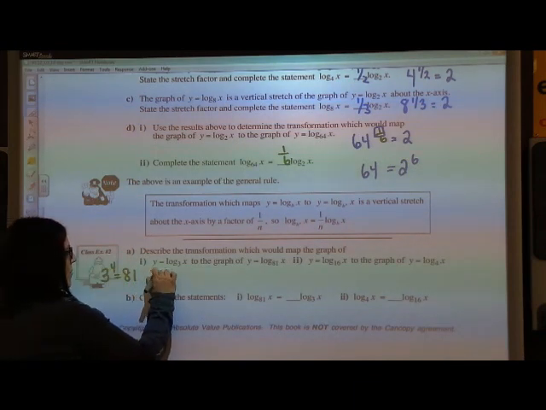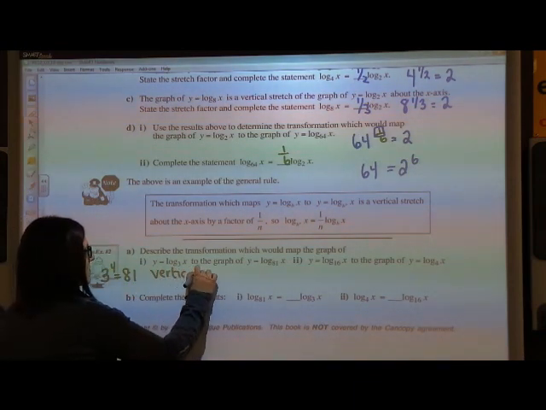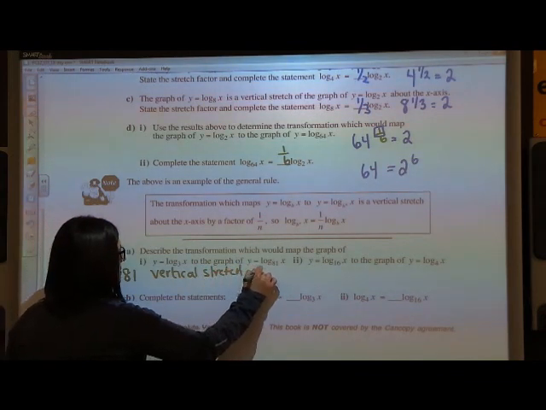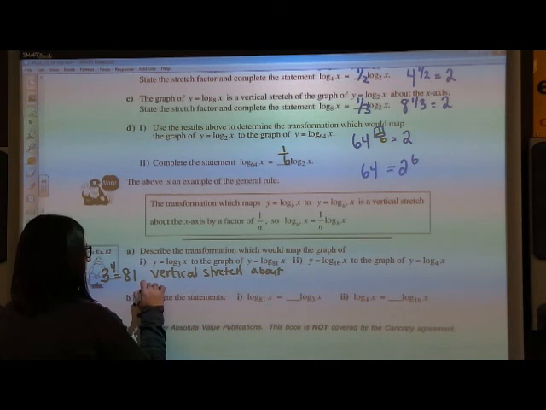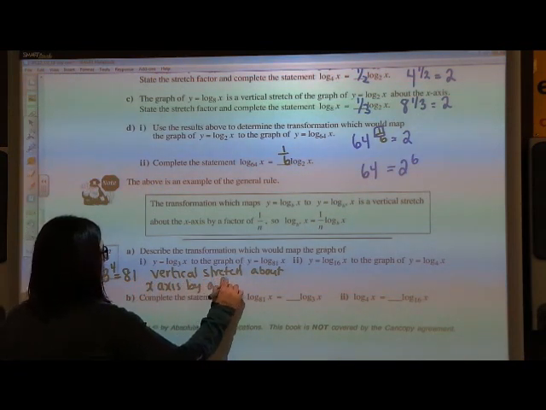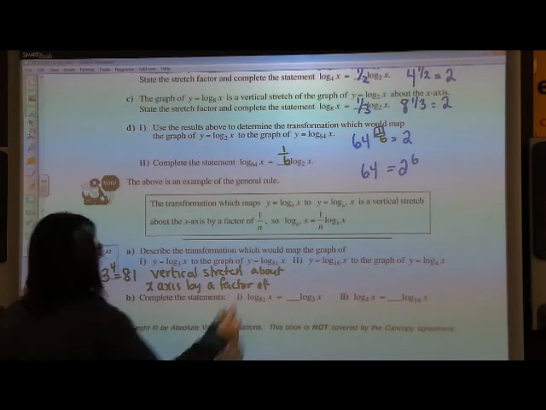So then this would become a vertical stretch about the x-axis by a factor of what value?